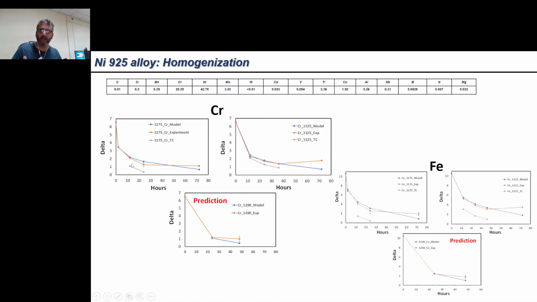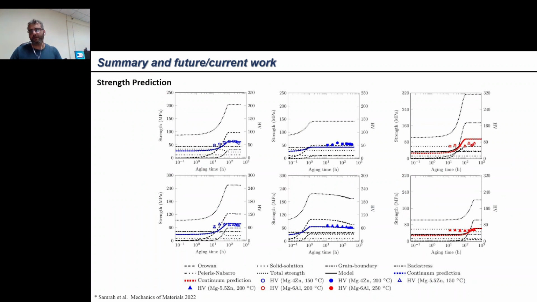So in the Thermo-Calc calculations, the homogenization kinetics are faster for this particular nickel 925 alloy. In the end, I would like to mention that we are constantly using these calculations for optimizing the dissolution time and the homogenization time for different alloys.